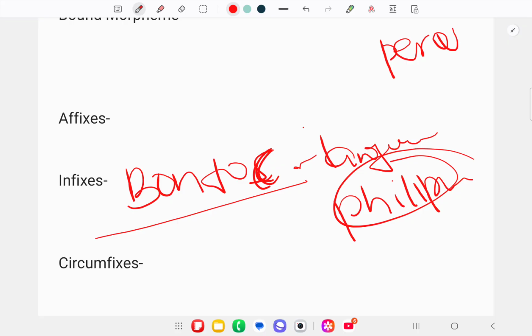So what does infix mean? They attach the infix in the middle of the word.